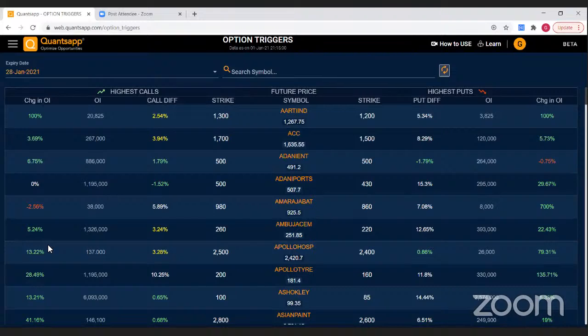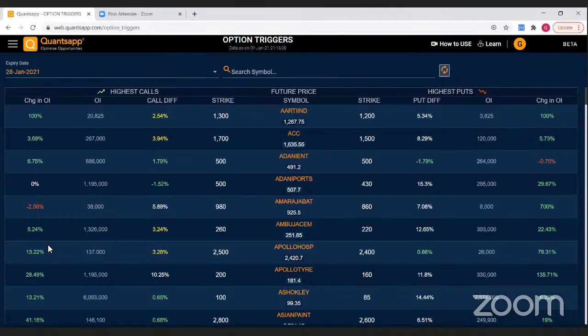So the stock is at 100 and the heaviest call is at 100. I can expect that some movement can come, and now I have to look into the market participants, because they are looking into the likely movement that could happen in that particular stock.